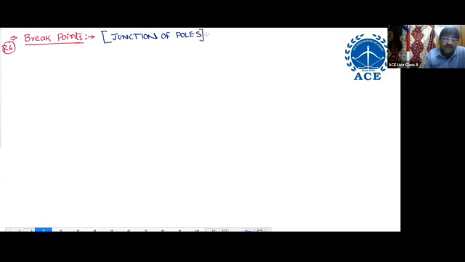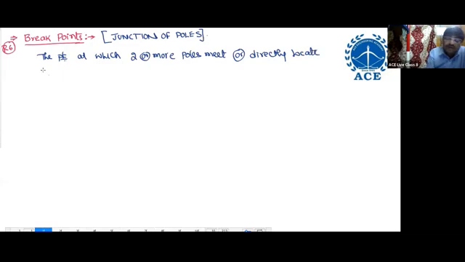So breakpoint means simply the point at which two or more poles meet or directly locate at any location is called a breakpoint.